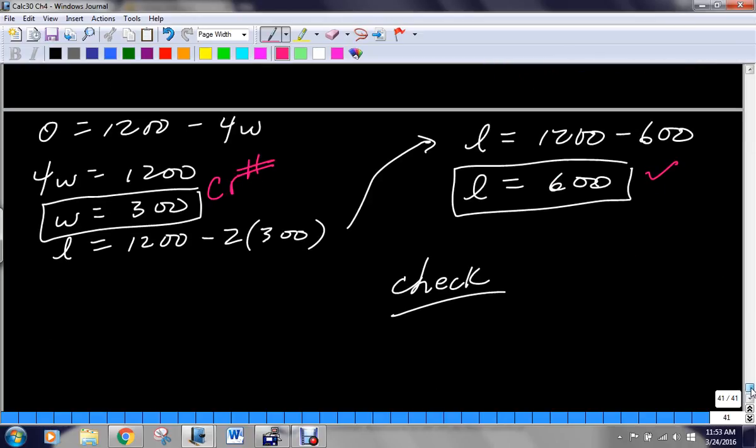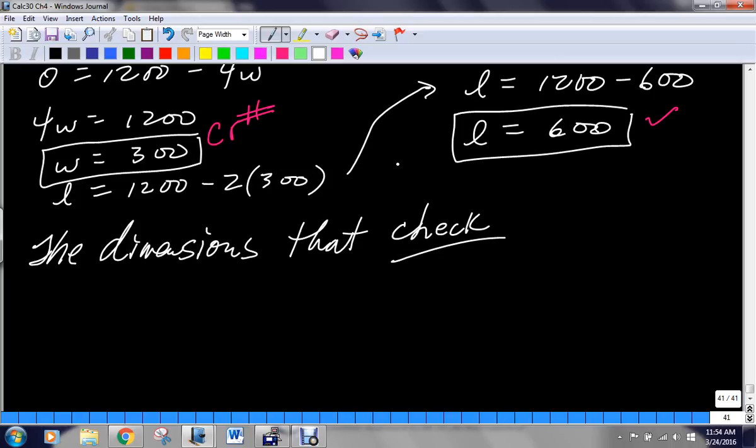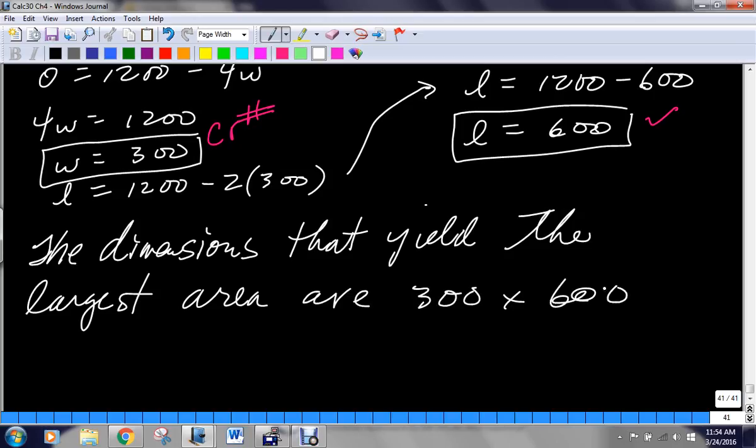Okay. So if they're asking you for the area, okay. So these are the dimensions right here. You would say your answer would be: the dimensions that yield the largest area are 300 by 600.